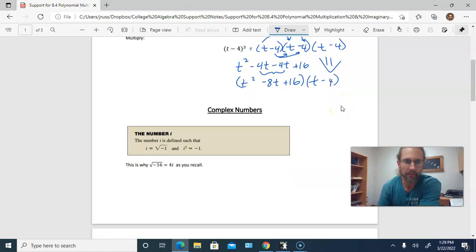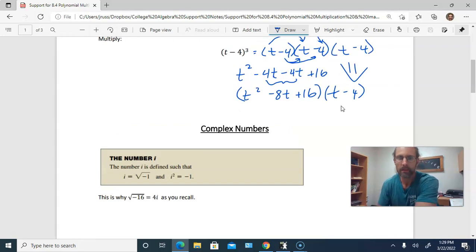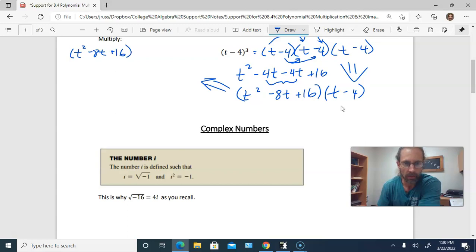Well, I sort of ran out of room here. Actually, let's just pick this up over here where we've got more room. I'll rewrite it. Okay, and so just start taking each of these terms in the first set of parentheses and multiply them to those two terms in the second set.